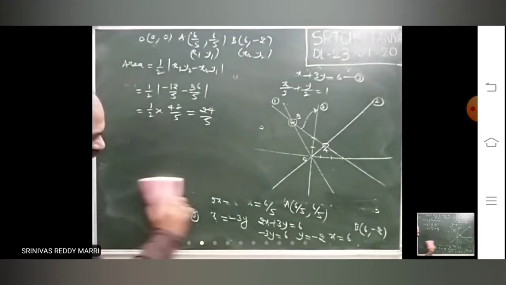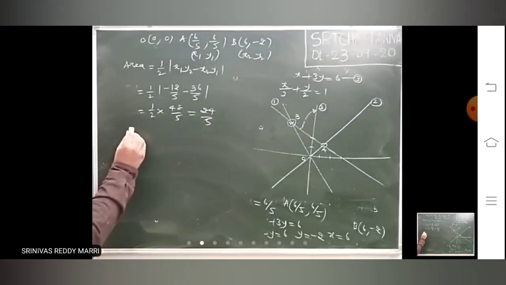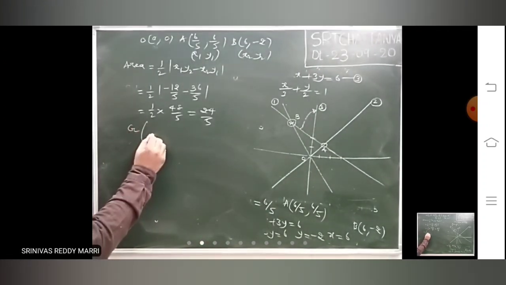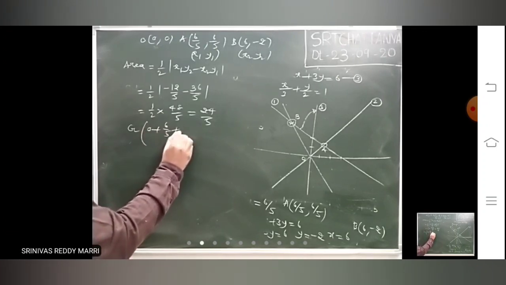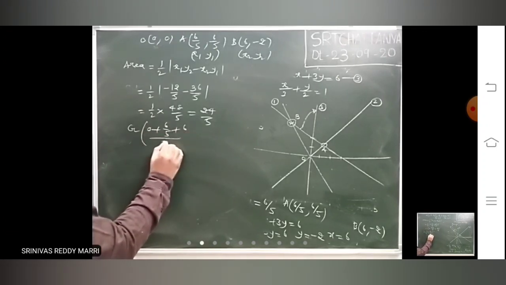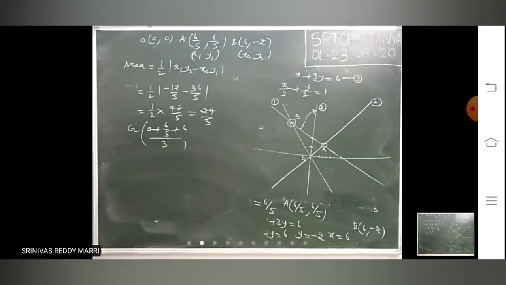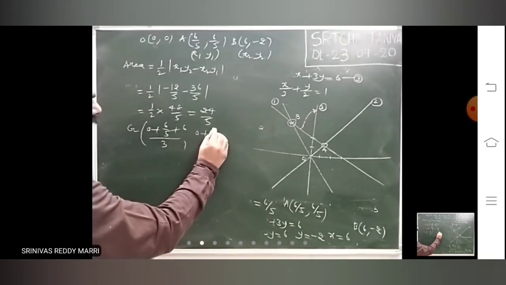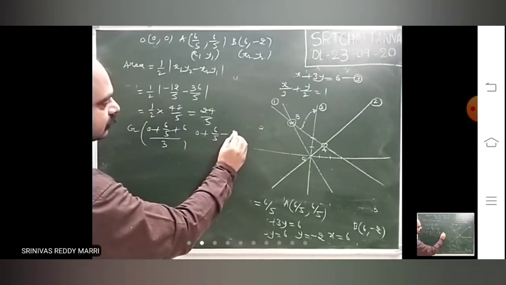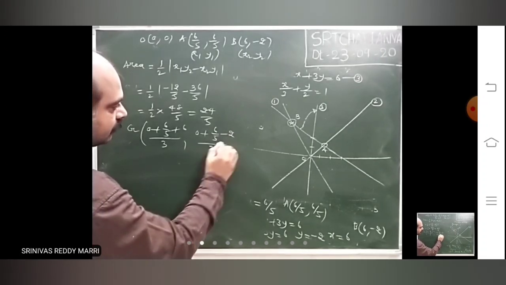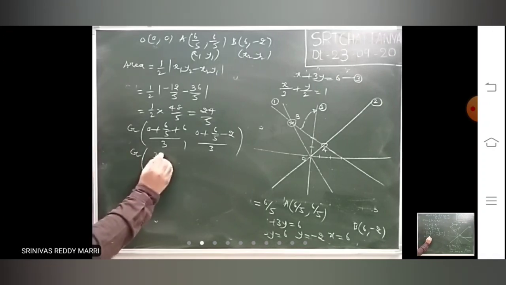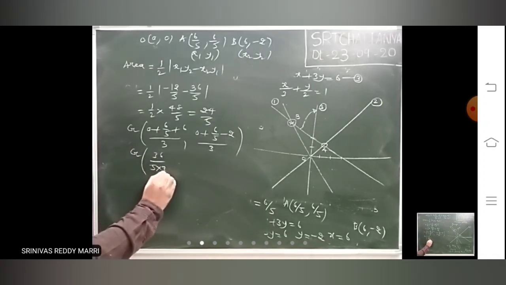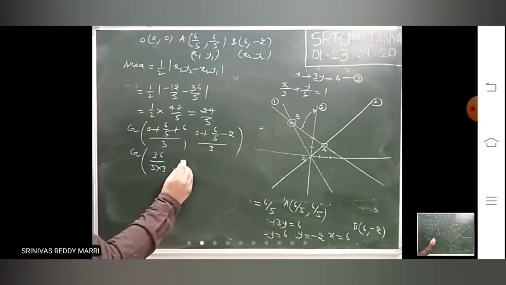Then centroid means, with three vertices, you know centroid. Centroid is nothing but (0 plus 6/5 plus 6) divided by 3, so 36 divided by 5 into 3.